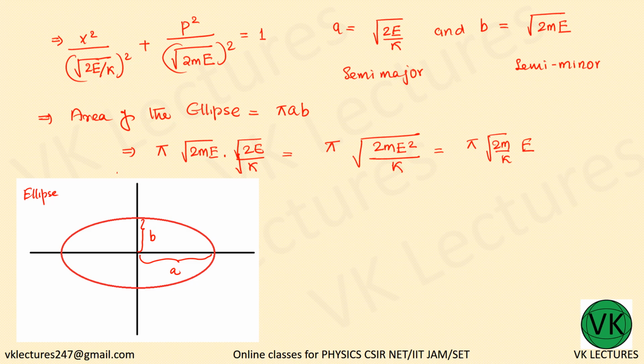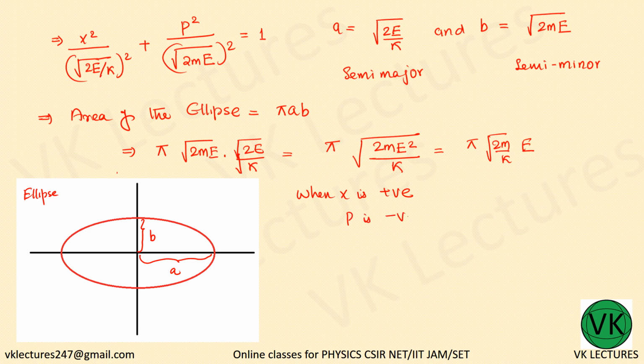Now we need to understand the direction of the movement of the trajectory. We know that when x is positive, p is negative.